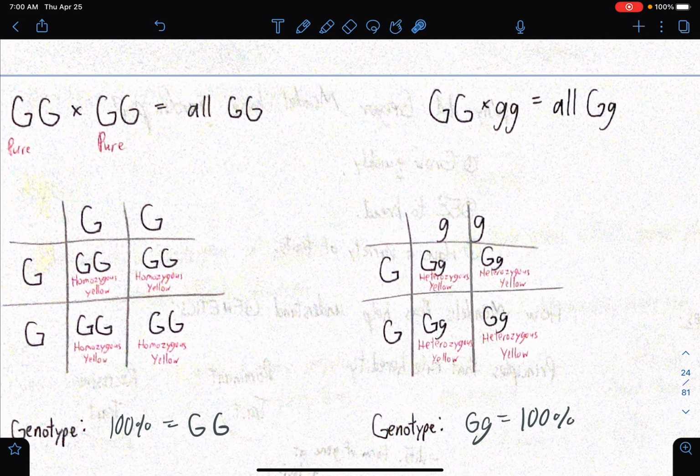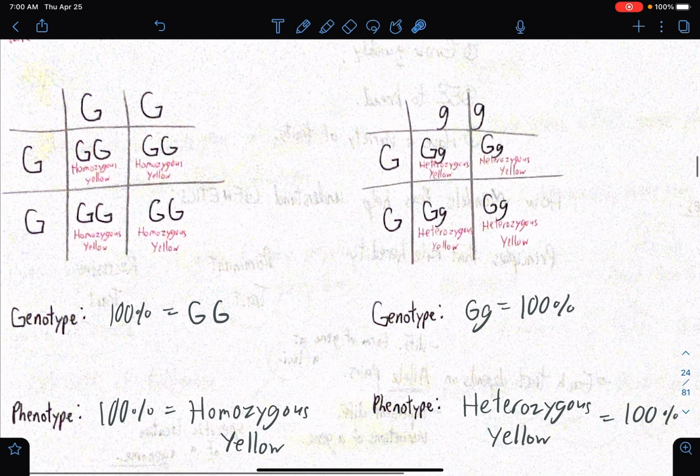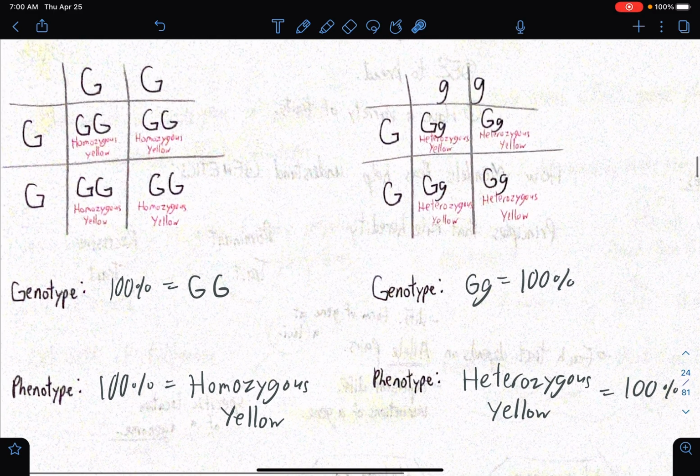If we breed two species that are both homozygous yellow, then in the Punnett square, all of the offspring, 100% of them, will be the same kind. So they'll be homozygous yellow. And the phenotype is the translation of what this symbol is, the capital G.